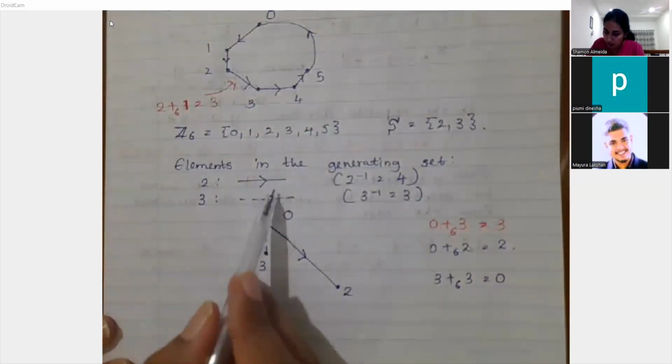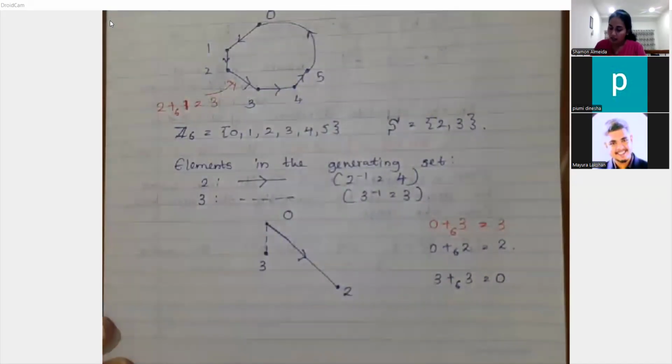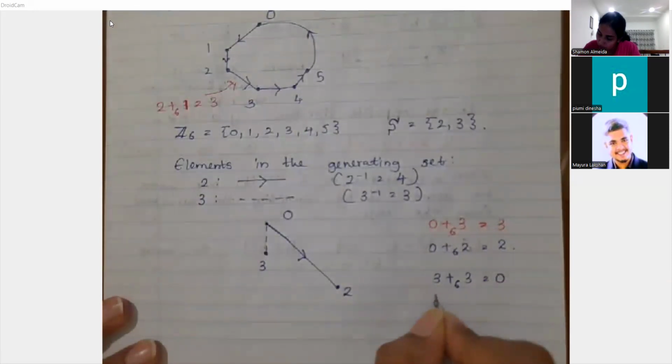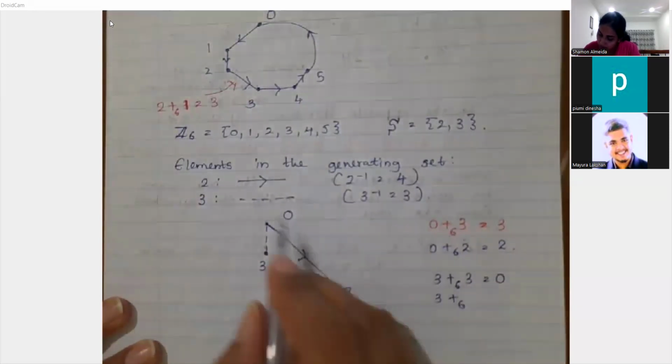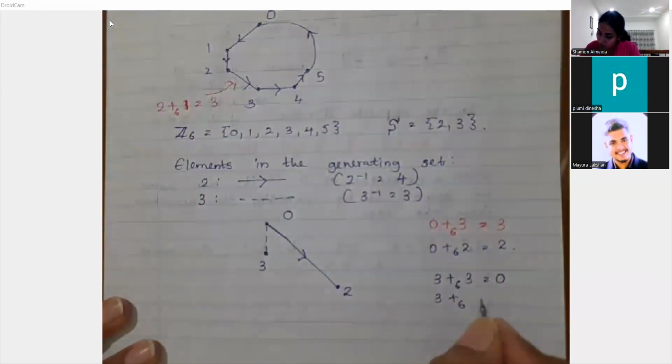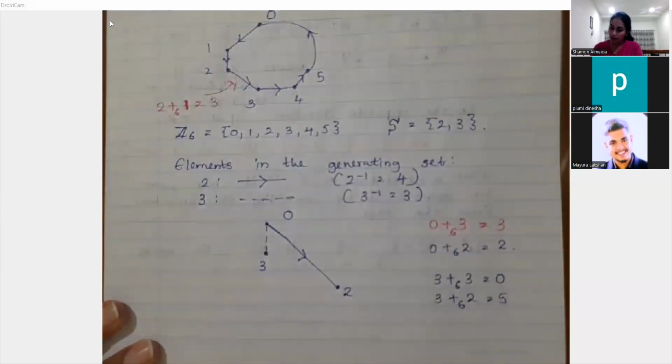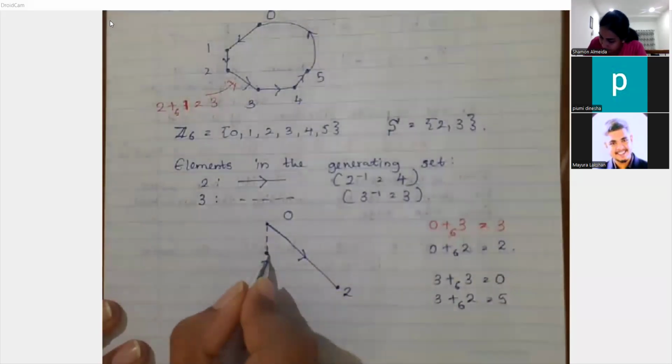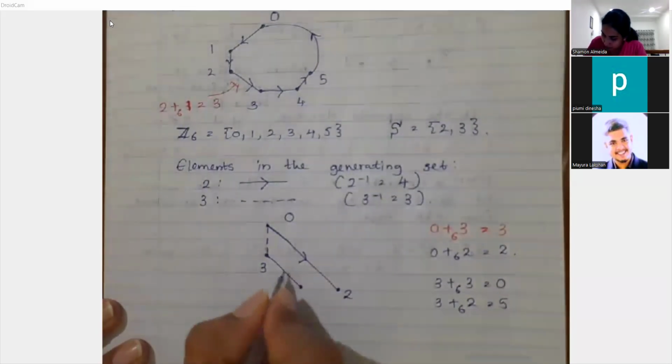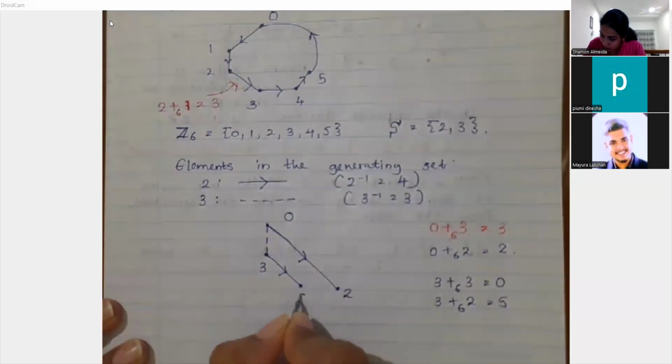Whereas for the solid line, you must have an arrow in the other direction corresponding to the inverse, right? Now for the solid line, 3 plus 2 is 5. Divide by 6, take the remainder, you have 5. So you have from 3 to 5.